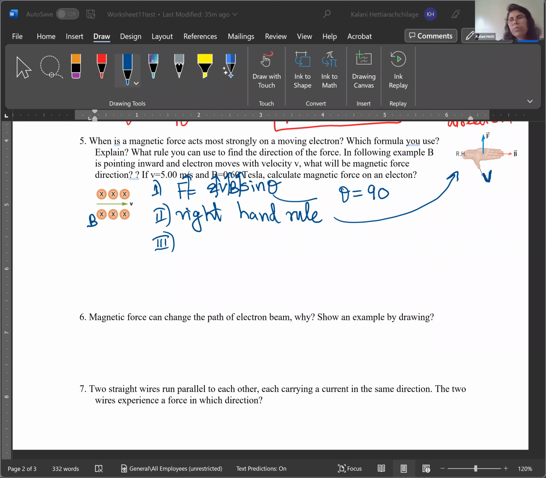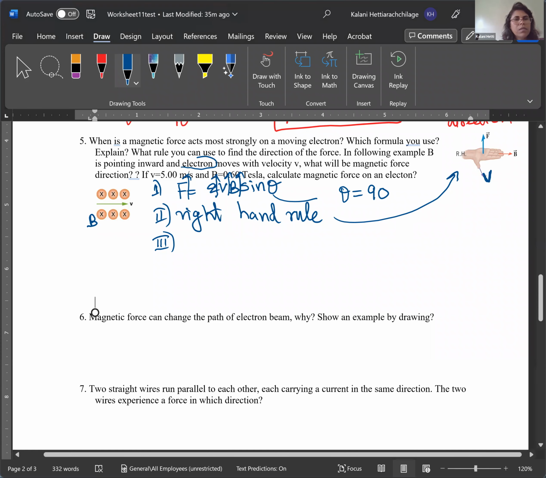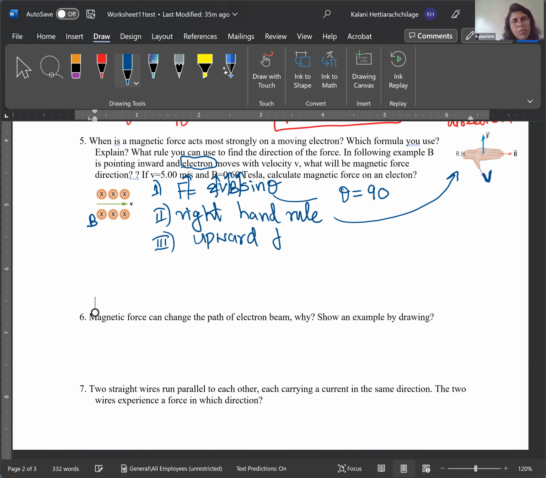I forgot to mention that since it is talking about the electron in here, we need to take care. See that, electron, right? So I'm going to write in here, upward for positive charge, right? Because your right hand, you always use for the positive charge.